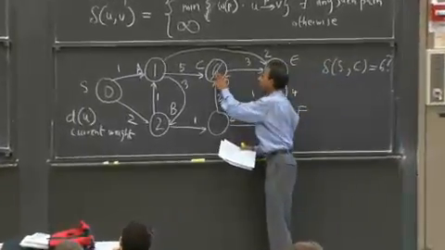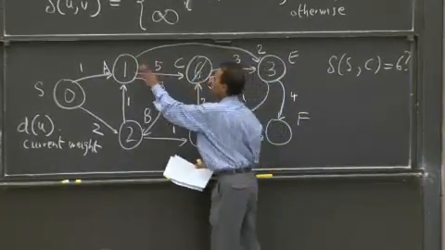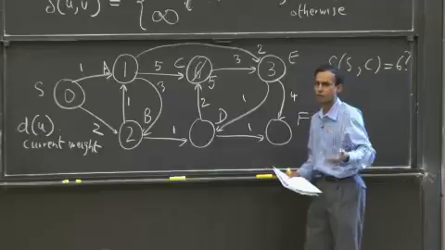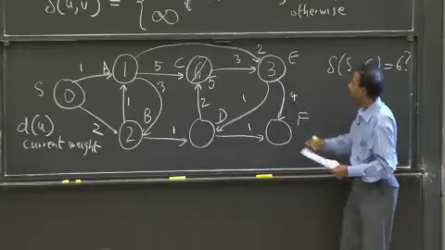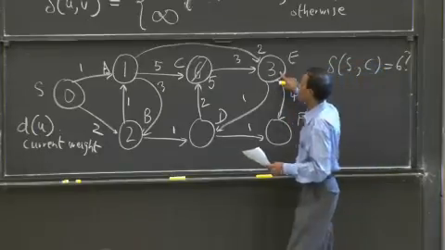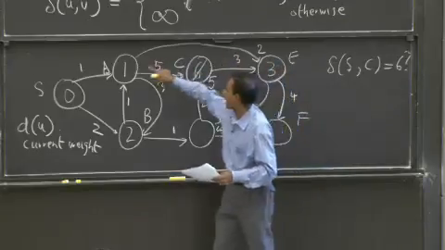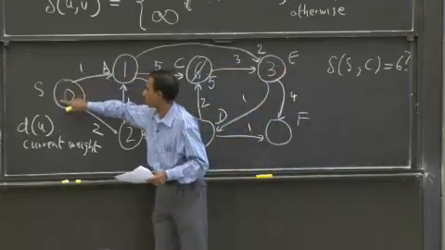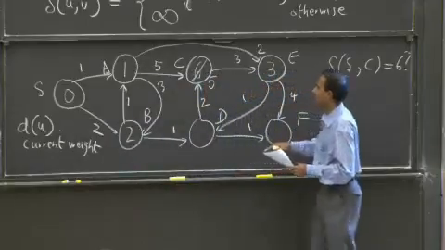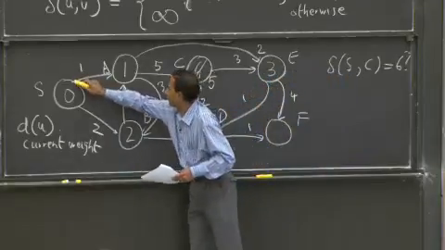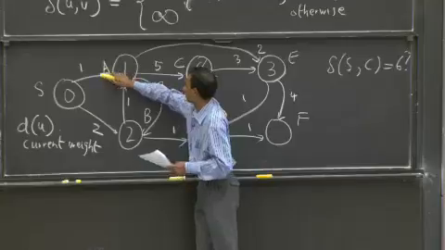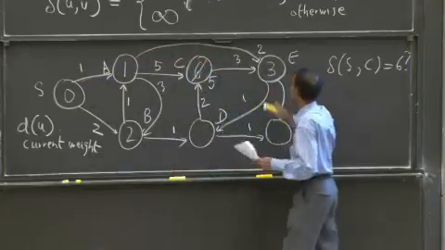I'm going to look at pi of C, and that might point me to A, and so on and so forth. In this particular instance, when you're finally done, pi of E is going to point to A, and pi of A is going to point to S, because that's the best path, like so.